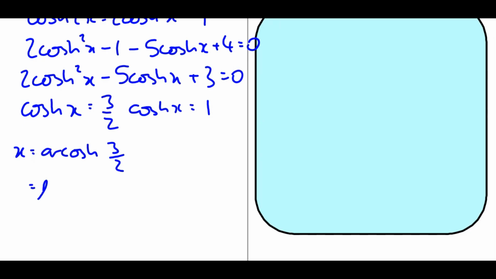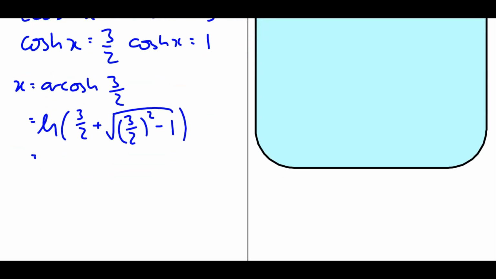arcosh of 3/2, that's ln of 3/2 plus root 3/2 squared minus 1. That's going to give you ln of 3 plus root 5 over 2.